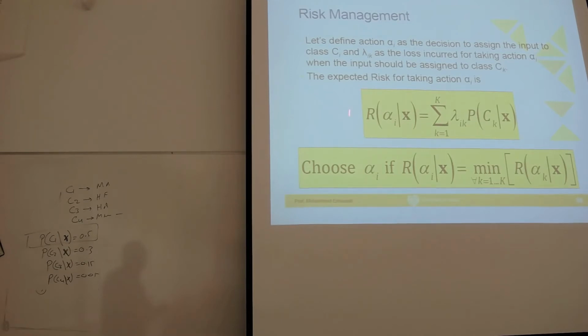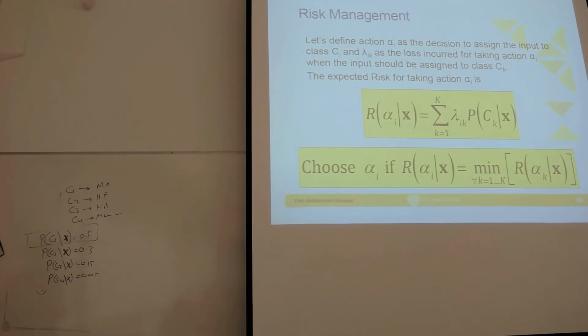So the expected risk of taking action i, based on the symptoms or the attributes that you have, is equal to the summation of the loss factor, lambda ik, I will explain what it means, times the probability of the class ck given the attributes, and we take the summation over all possible classes.